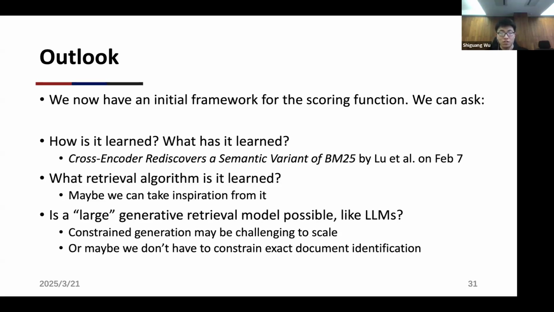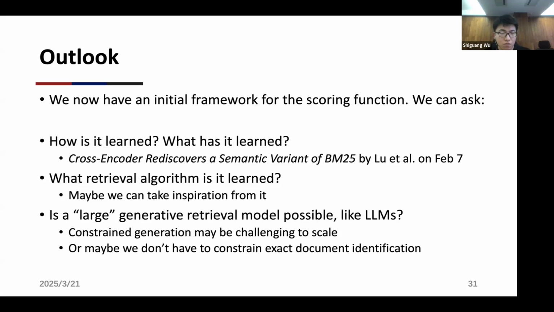They studied the cross encoder and find that the attention layer is actually doing something very similar to BM25. They're interpreting the cross encoder model and seeing what is actually happening in a very performant cross encoder model. It's very inspiring from their paper.